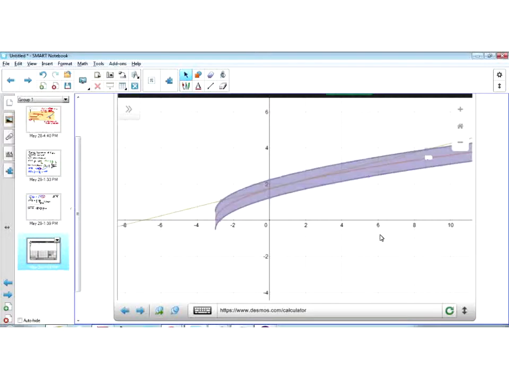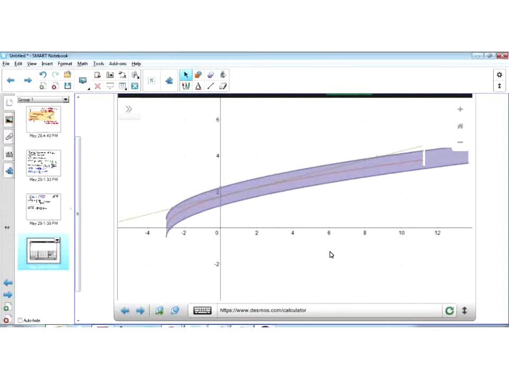All right, so the green curve is the approximating curve, okay? The orange curve is the truth. The orange curve is the square root of x plus 3. And it's kind of hard to see in there because the band is purple.